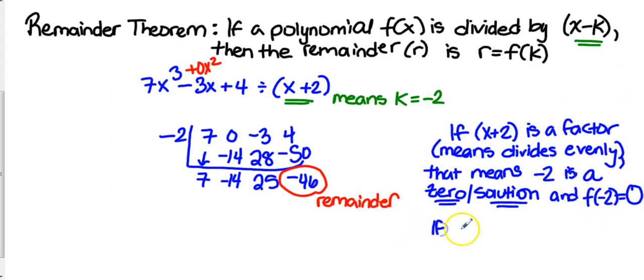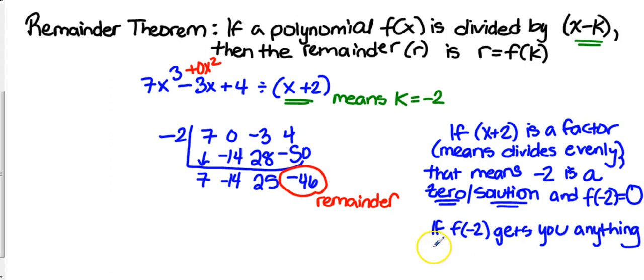If f of negative 2 gets you anything else other than 0, so in this case, we got negative 46.